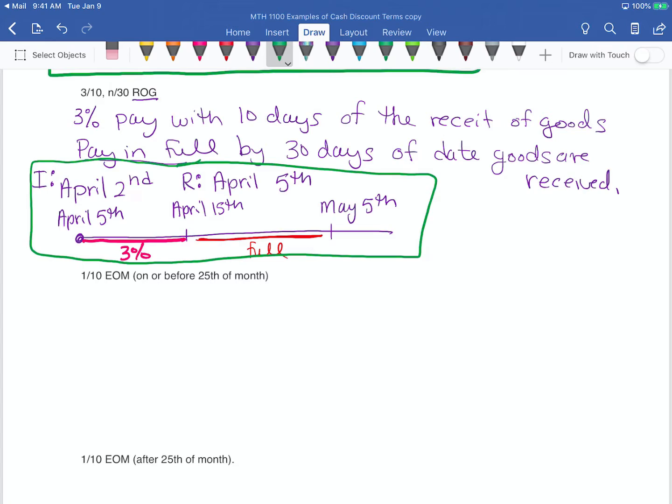And so the only difference between this example and the previous example is the letters ROG, and it just means that the point in which we start the discount period would start on the day that the goods are received. So we have the discount period, which would be April 5th to April 15th. And then if we miss that deadline, the credit period ends on May 5th.